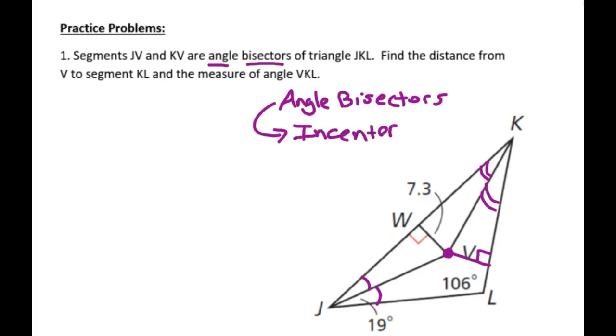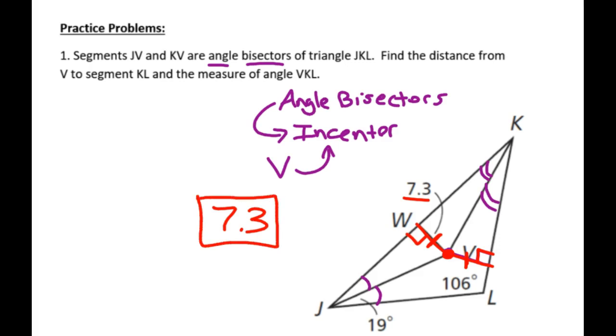So that means this point in the middle here, point V, is an incenter. Alright, so if V is an incenter, then we know it is equidistant to the sides. So I'm going to do this in red. V to W to the side, making a right angle, is 7.3. The question is, what is V to this side with the right angle going to be? Well, the theorem said earlier, these are equal sides, so this little segment has to be equal to the other one, so it's going to be 7.3.